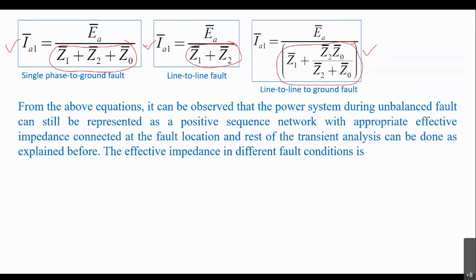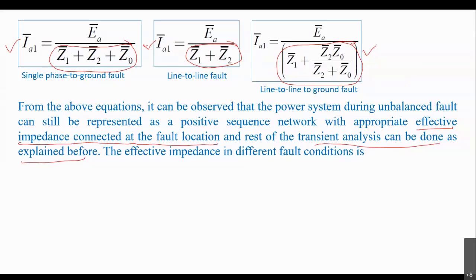So from the above equations, it can be observed that the power system during unbalanced fault can still be represented as a positive sequence network with appropriate effective impedance connected at the fault location. And the rest of the transient analysis can be done as explained before, just by representing the network in the positive sequence network form.